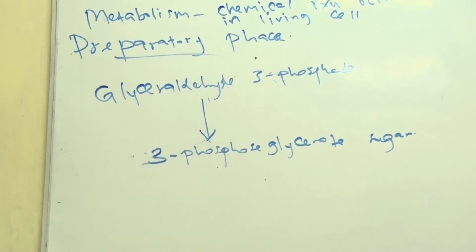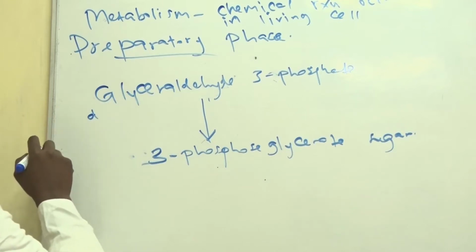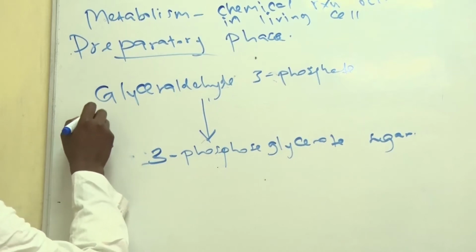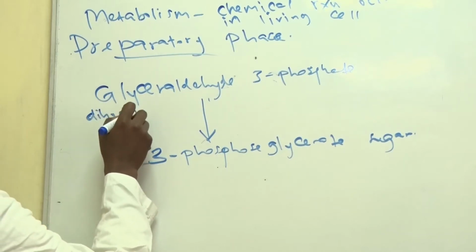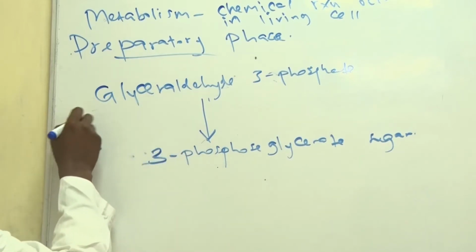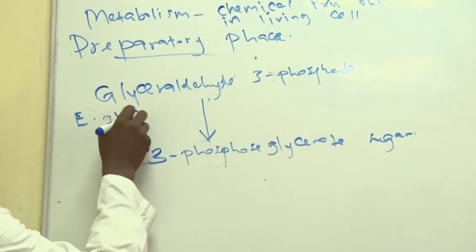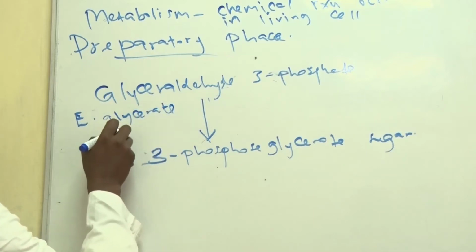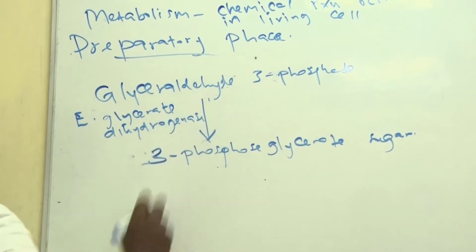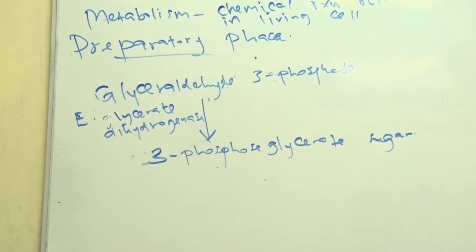Now, the enzyme involved here is called glycerate dehydrogenase. It is the enzyme involved in the formation of the 3-phosphoglycerate molecule.